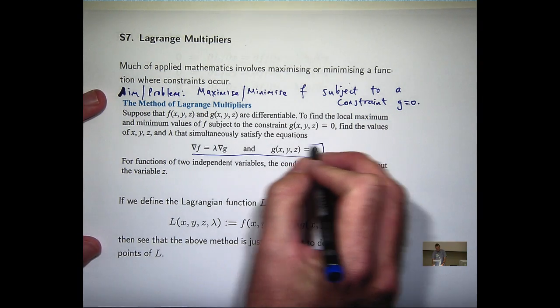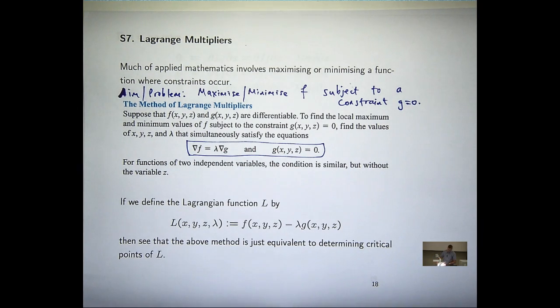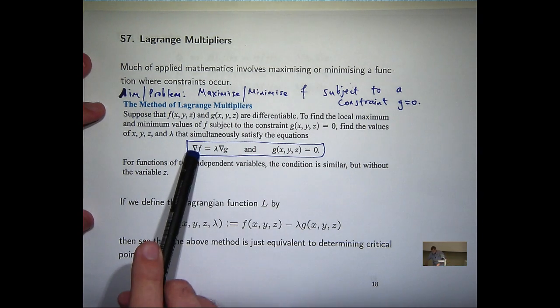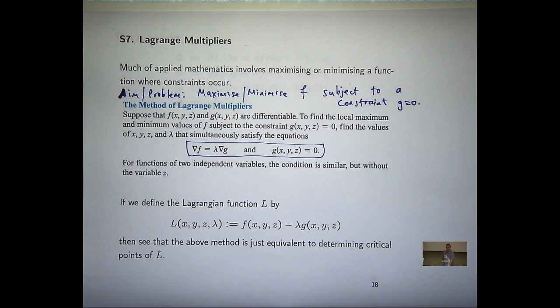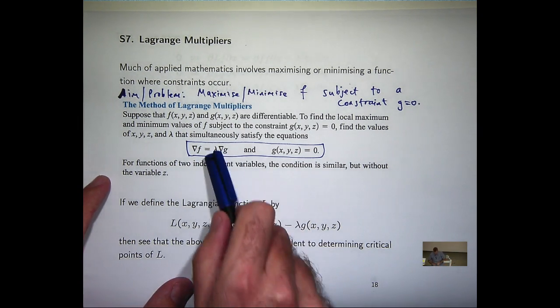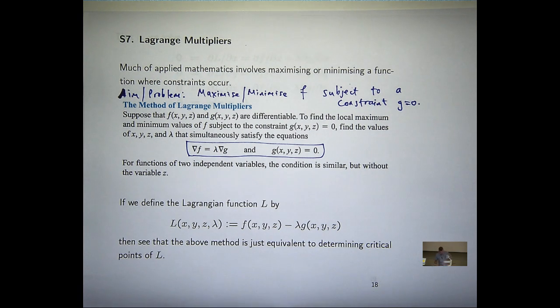Now let's look at that in a bit more detail. Remember, this nabla f is just the gradient of f, and I've got the gradient of g over here, and I'm multiplying by this lambda. Now the lambda here is just a number known as a Lagrange multiplier. It's just a number.